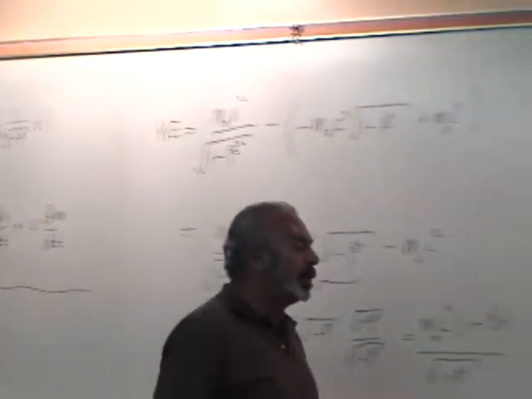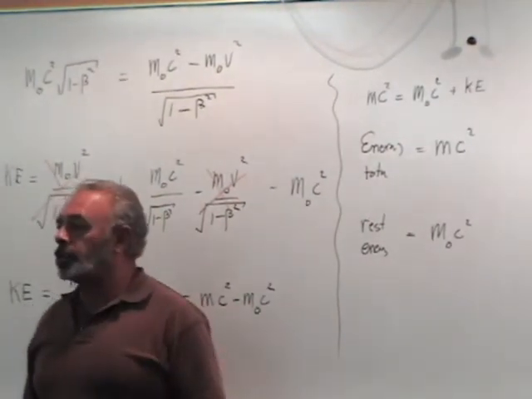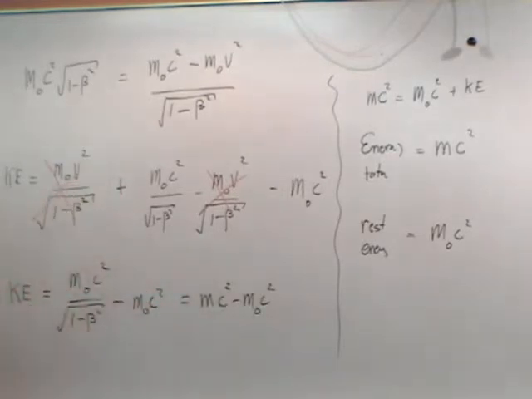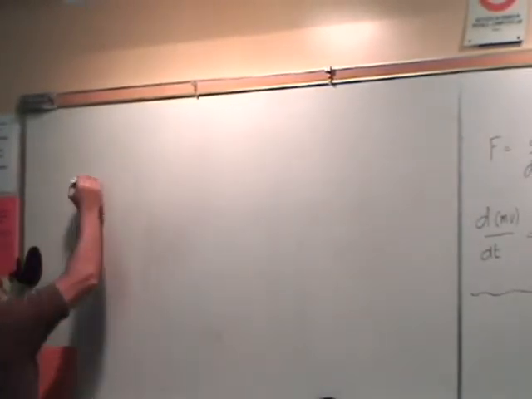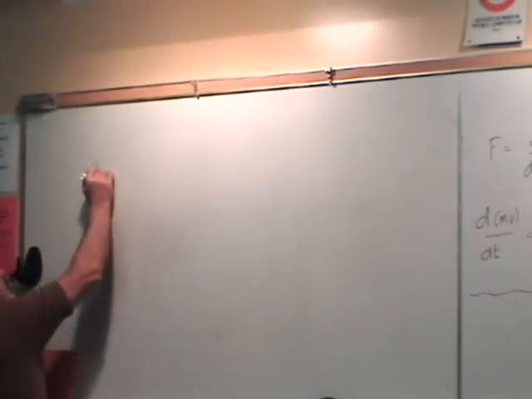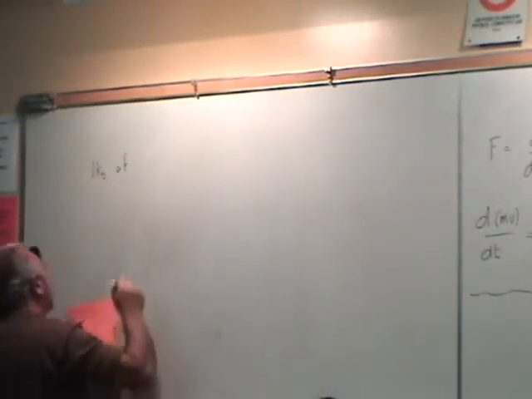Let's figure out how much mass is converted into energy, because a kilogram of dynamite is a pretty energetic chemical reaction. So, let's put on the board here what's going on. That is 1 kg of dynamite.